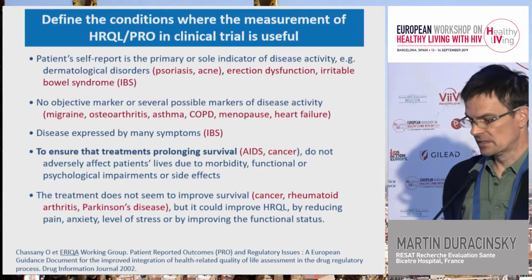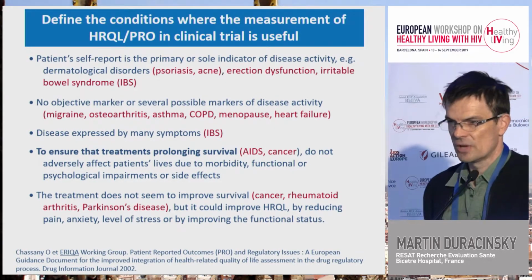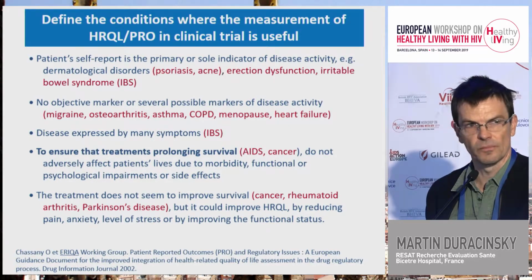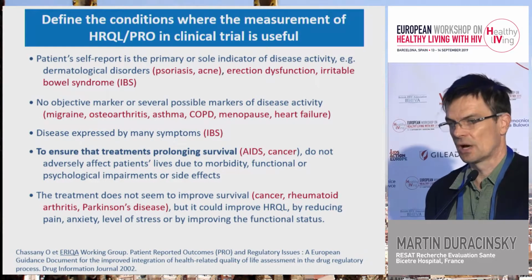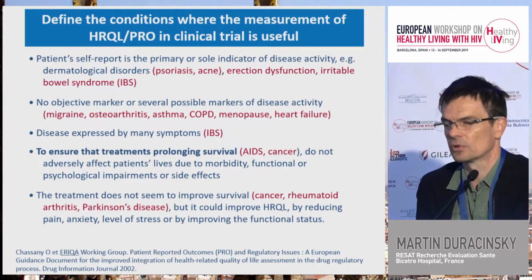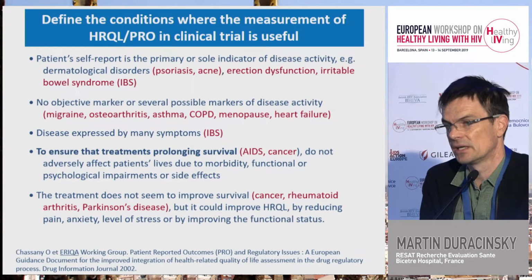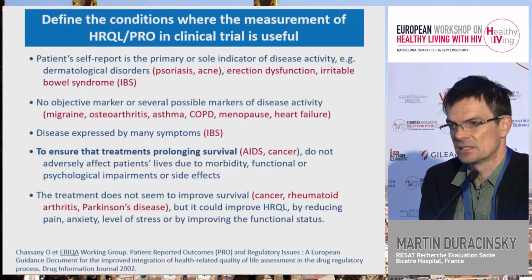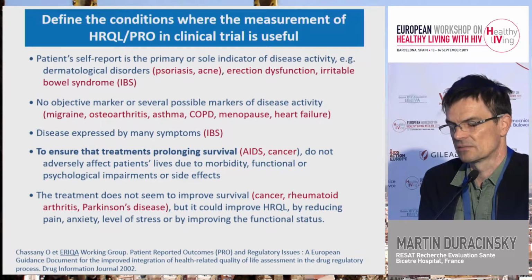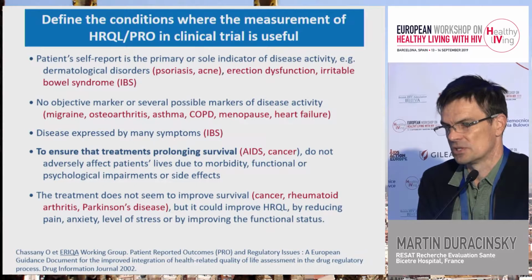So this is the example defining the situation from the ERICA working group, telling why and in which clinical trials the measuring of patient-reported outcome is useful. It can be where the patient self-report is the primary or sole indicator of quality of life, for example, in dermatological disease, in acne, and then we have a specific recommendation for this disease from the European agency.